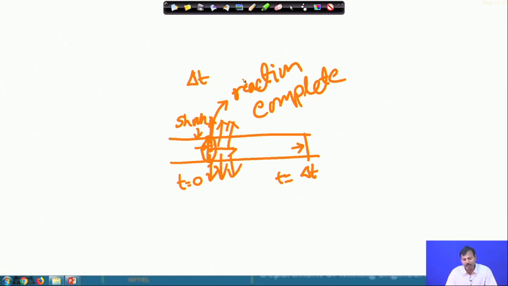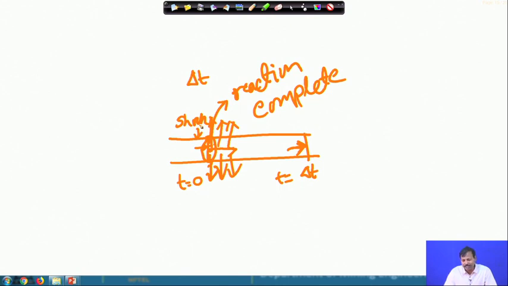So, what will happen, at t equal to 0, shock is released from this place, at t equal to delta t, when the shock is at this place, that time the gaseous products are coming out from the explosive.